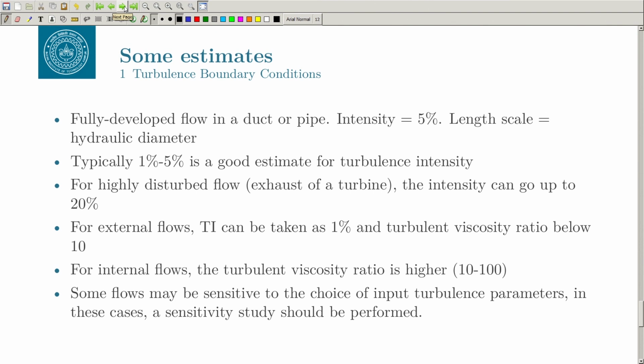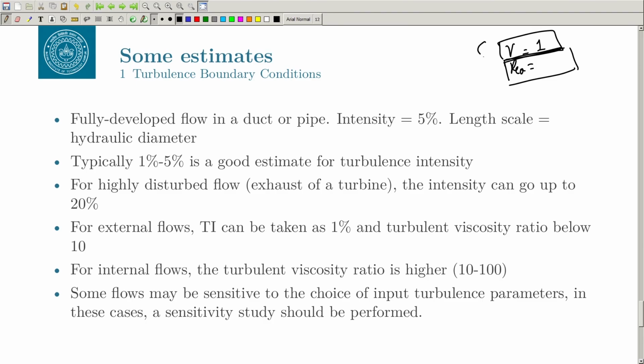If you are using, let us say, a 4 equation transition model like gamma and Re theta, there you use gamma equal to 1, because you assume that there is some turbulence in the free stream, even if it is not in the boundary layer. So, gamma should always be equal to 1, and for Re theta you can use some analytical relation to calculate the momentum thickness based Reynolds number.